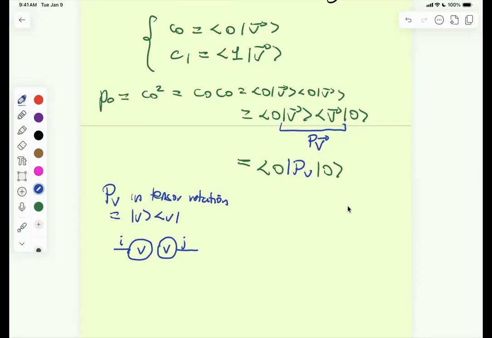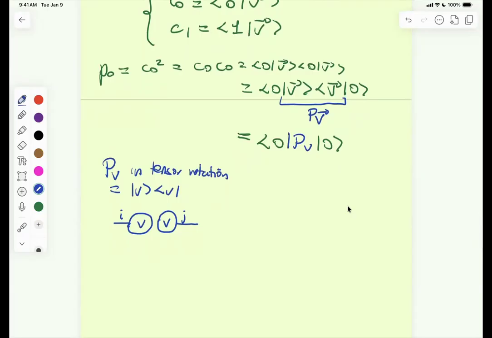If you do it this way, it's consistent with this, because when you feed a vector to it, what does this quantity correspond to in this tensor notation? Again, this 0 is a vector, a spin up vector.